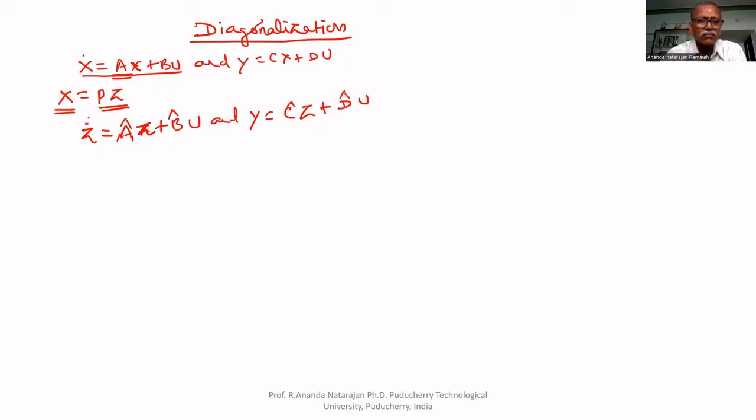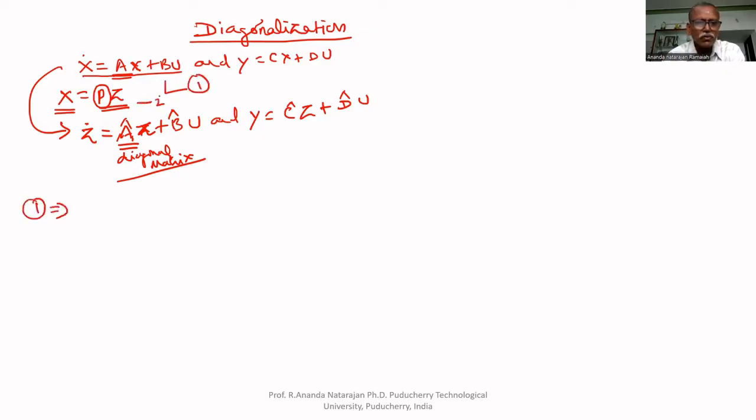If you convert this X dot into Z dot, then the A cap will be a diagonal matrix. X dot equal to what? Equation 1 becomes, using equation 2, X dot equal to P Z dot equal to A P Z plus BU.